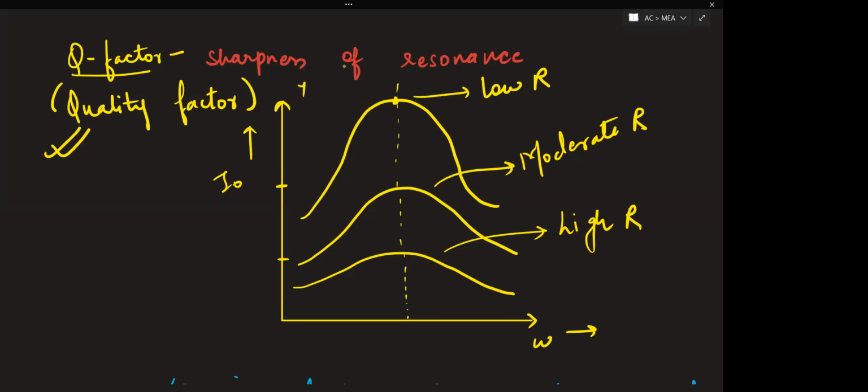Whenever the current is maximum, just now we have revised that the current is maximum only in the case of resonance. So if I'm plotting the graph with very low value of resistance, that shows highest current, and highest current simply implies the resonance condition.